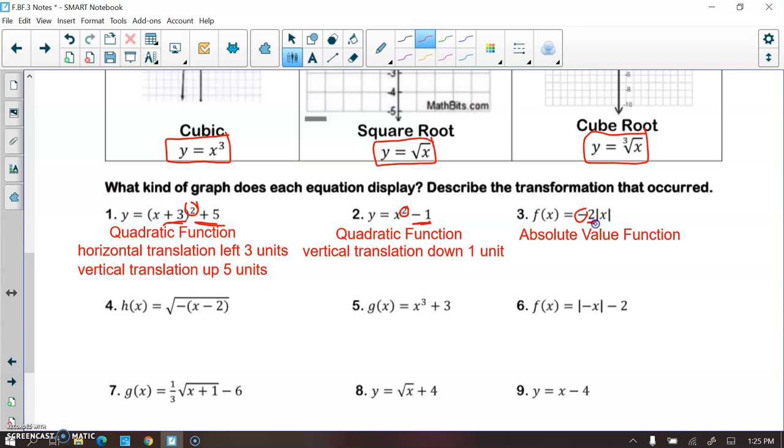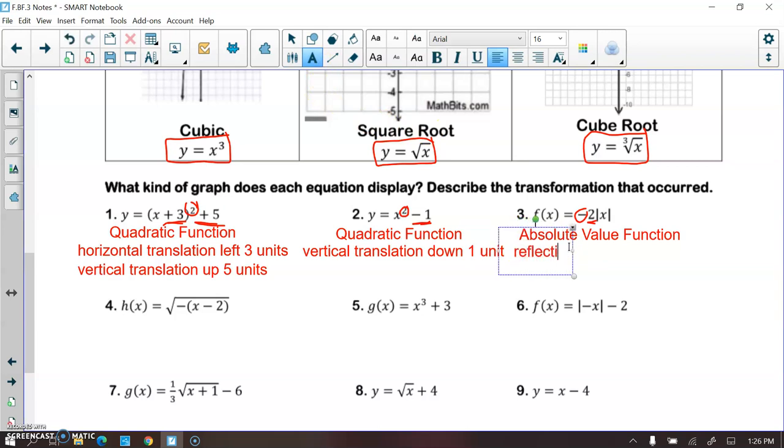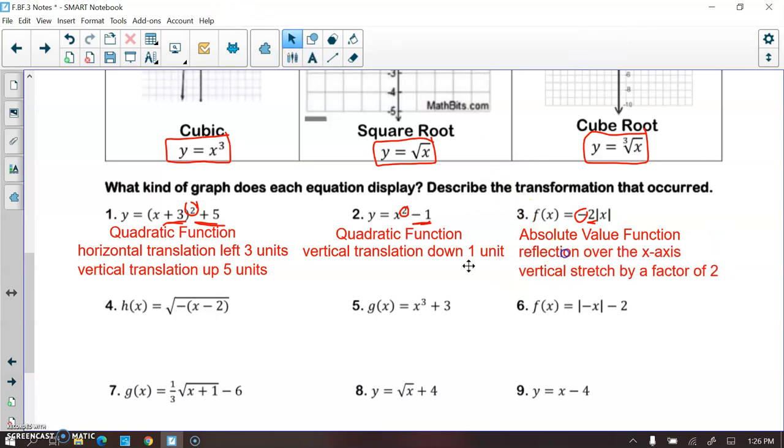And then I have a 2 on the outside, which means that was a vertical stretch by a factor of 2. So we're going to record both of those. There was a reflection over the x-axis, and then there was a vertical stretch by a factor of 2.